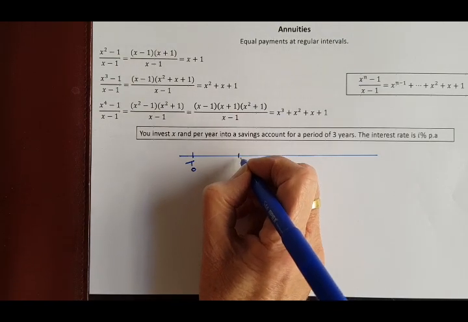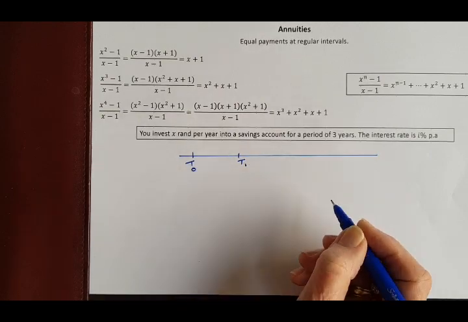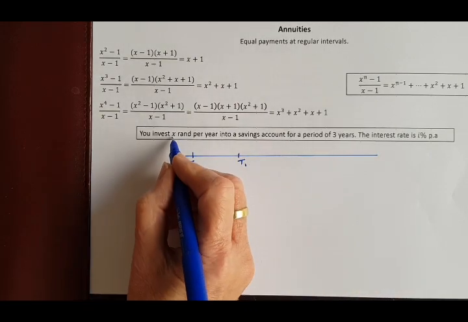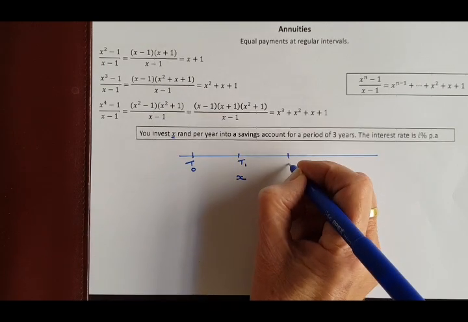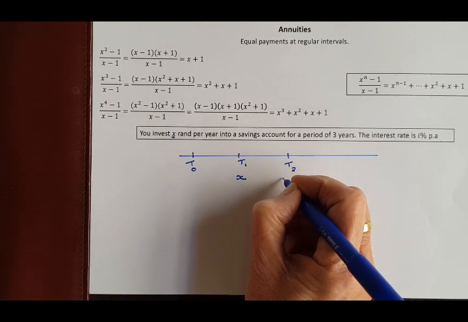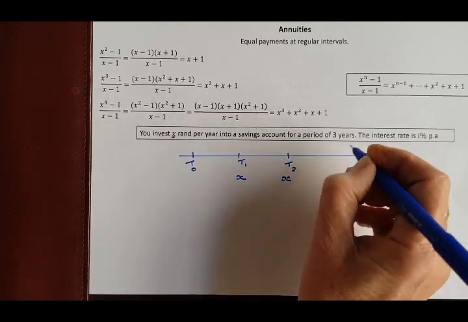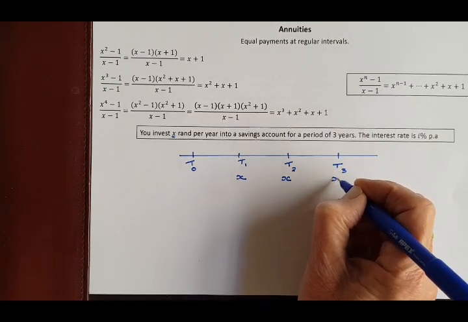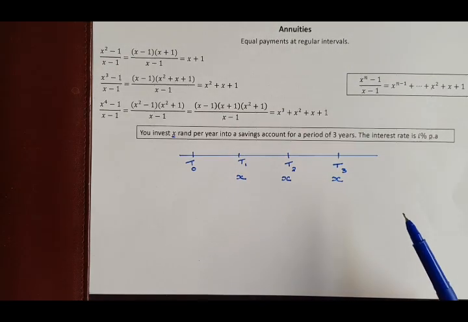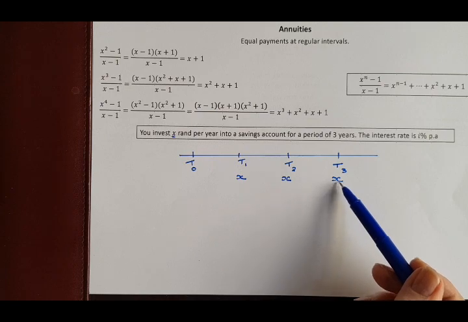At the end of the first year, we are going to invest X rand. At the end of the second year, we're going to invest X rand. And at the end of the third year, we are going to invest X rand, and we want to know how much money we have in our account as we make that last deposit.